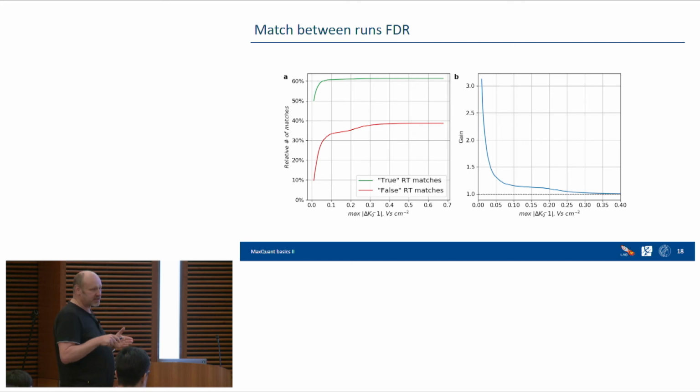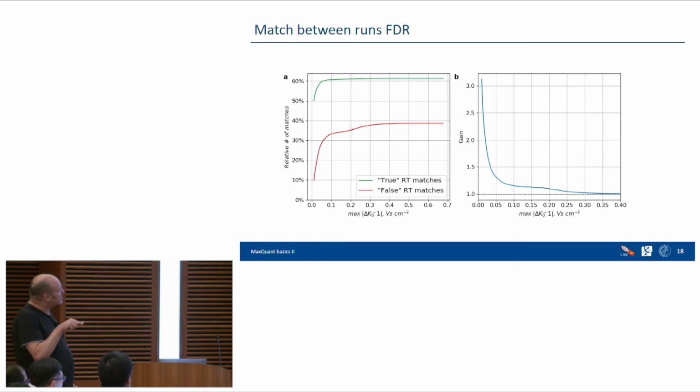And so we actually split at 42 seconds, so everything that is below 42 seconds, we just call a true match. So don't misunderstand this. We don't mean to say that this is a true match, we just call it a true match, because it's likely to be a true match. And the ones with larger retention time difference than 42 seconds, we call a false match.